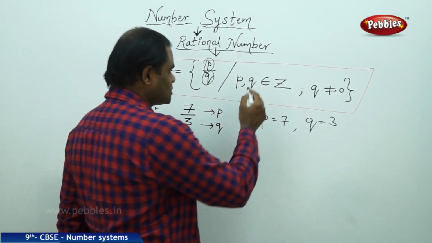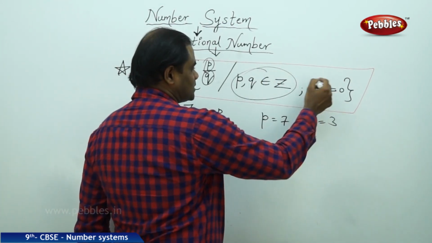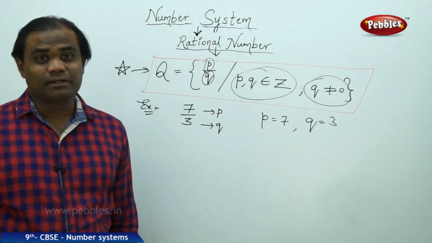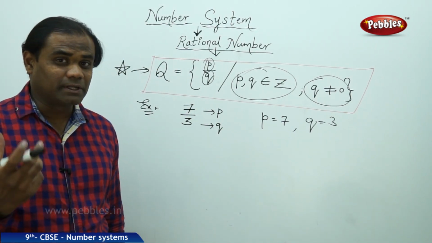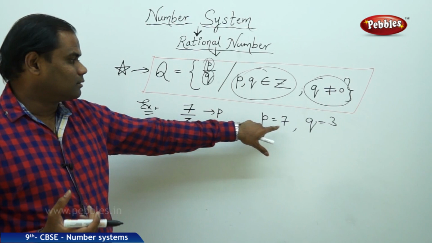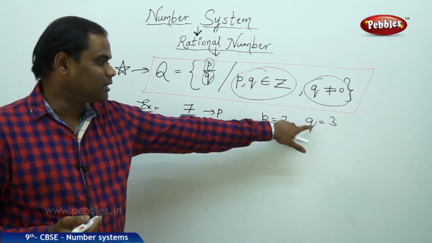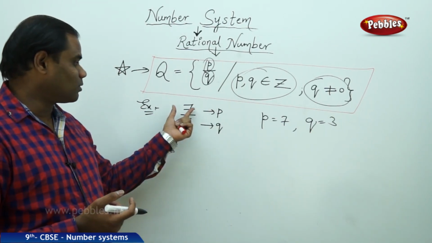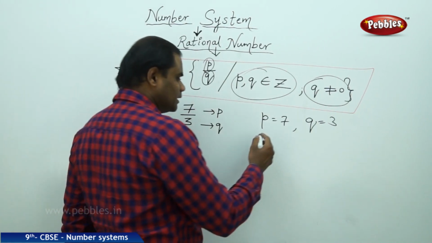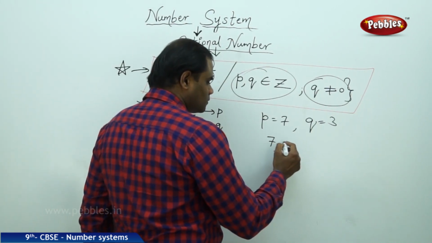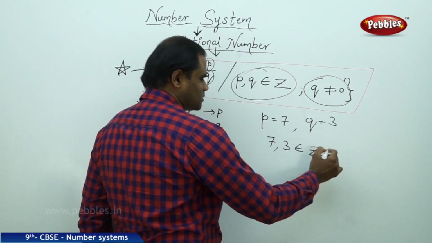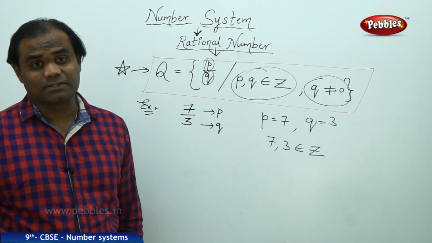So this acts as rule 1 and this acts as rule 2 to identify whether a number is a rational number. Rule 1 clearly states: my P is 7 and Q is 3 in this example, 7 over 3, and P and Q, which are 7 and 3, are integers, which we have discussed in the previous session.